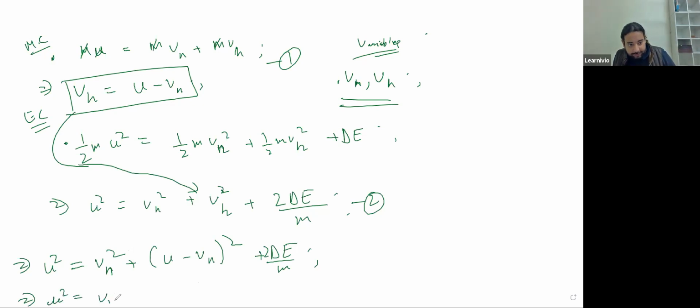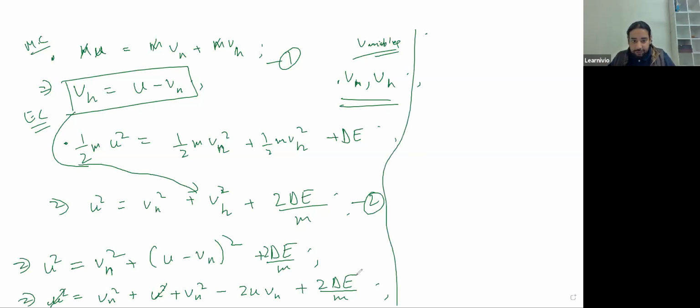Let's simplify this further. What do you get? You get u square is equal to Vn square plus u square, let's open this bracket, plus Vn square minus 2u times Vn. So you opened up the whole thing, plus 2 delta E over m. Notice the u's cancel out because it's the same u on both sides of the equation. Your Vn square plus Vn square will just make a 2 Vn square, and you'll have a 2 which is common. What do you have?